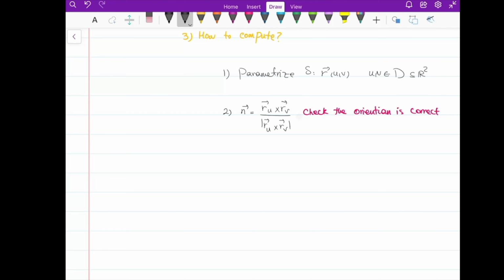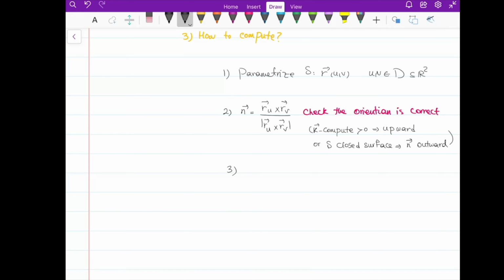It means that the k-th component, the third component of n should be positive, and so I get upward orientation, which is positive orientation. Or if S is a closed surface, then n should be outward to make it positively oriented. I talked about orientation in previous videos, so make sure that you check that out.